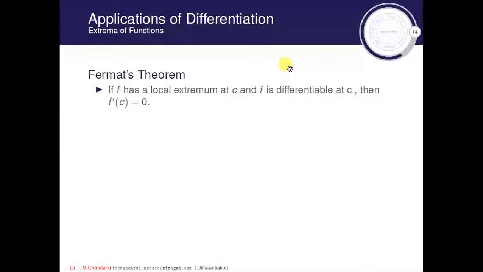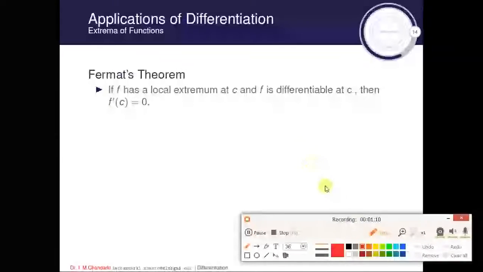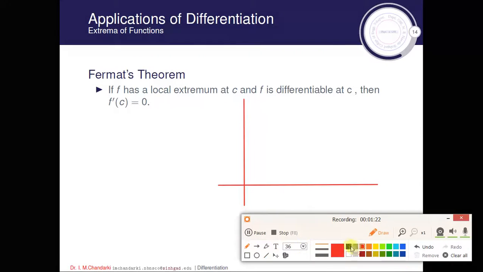I will give you an example. Let me draw a figure. Suppose that you have the x-axis and the y-axis, and suppose that the function you have with you is like this.